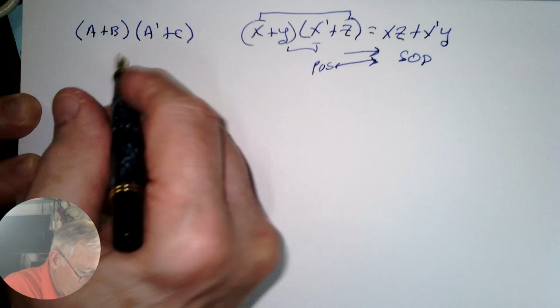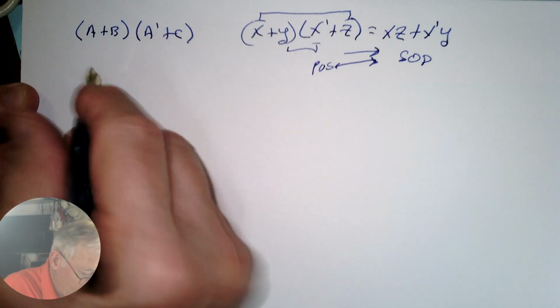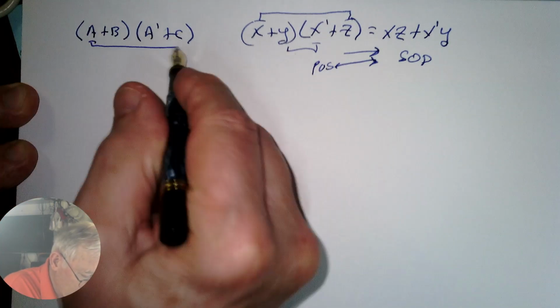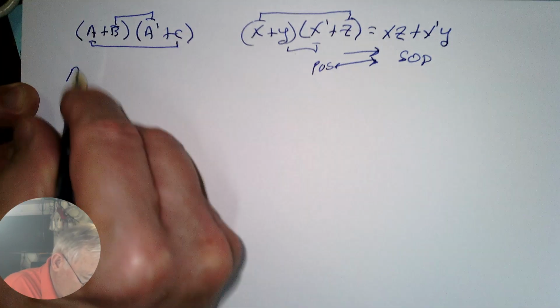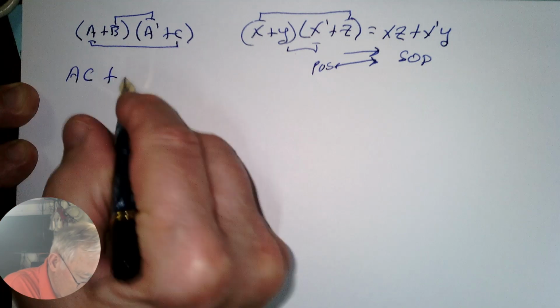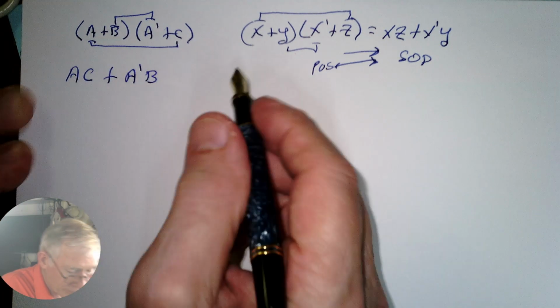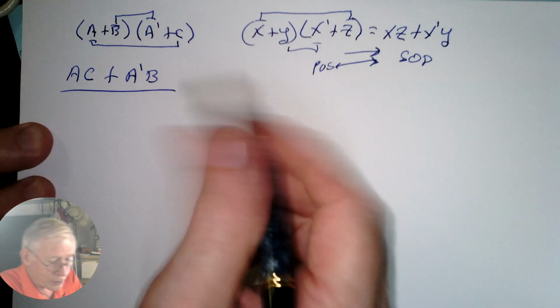So applying this, all we have to do is draw our little thingies, and that should give us AC plus A prime B. Pretty easy.